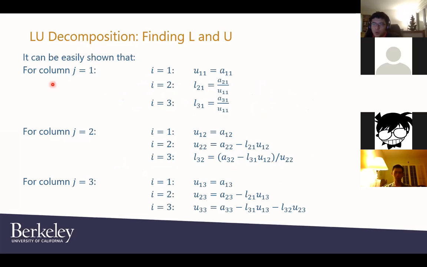So we again look at this as a pseudocode in a sense. You have a for loop that goes for columns j equals 1, 2, and 3, and you have an i loop that goes for rows 1, 2, and 3.